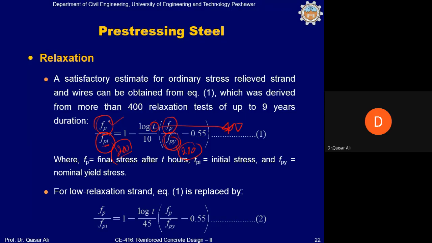FP can be calculated because you have FP on the right as well as on the left side. Further simplification of the equation will give you the pre-stress after relaxation. It will be less than FPI, the initial pre-stress. In this manner, you can calculate the stress loss after relaxation.